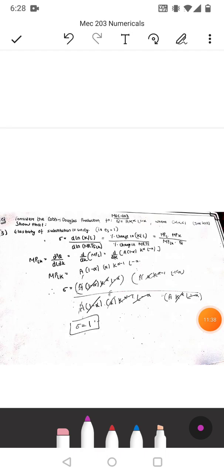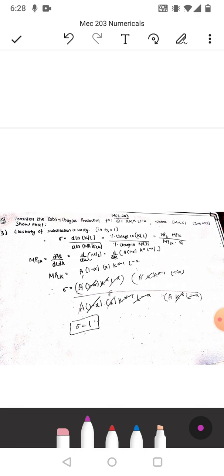To show elasticity of substitution is unity, that is 1. Elasticity of substitution is nothing but d log K by L divided by d log MRTS LK, that is percentage change in K by L divided by percentage change in MRTS, which is nothing but MPL into MPK divided by MPLK into Q. So MPLK is nothing but d square Q by dL into dK, that is d of dK of MPL.